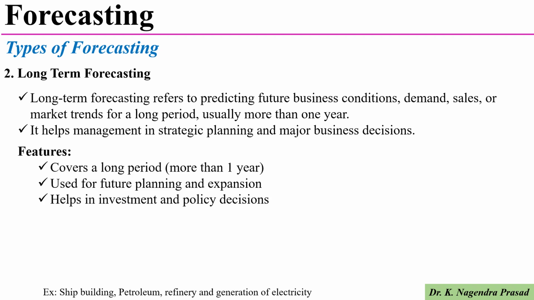Let's see the features of long-term forecasting. It covers a long period, in general more than 1 year. It is used for future planning and expansion, and it helps in investment and policy decisions. Examples of long-term forecasting are shipbuilding, petroleum refinery and generation of electricity.